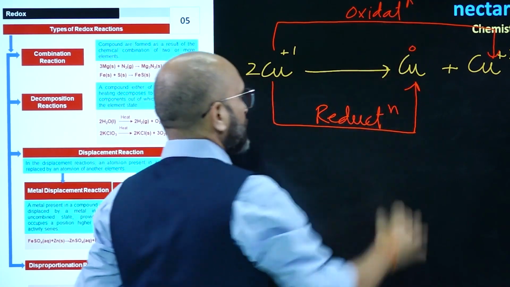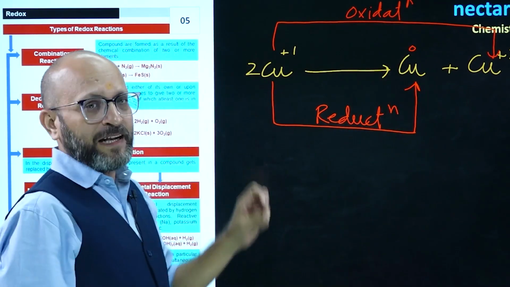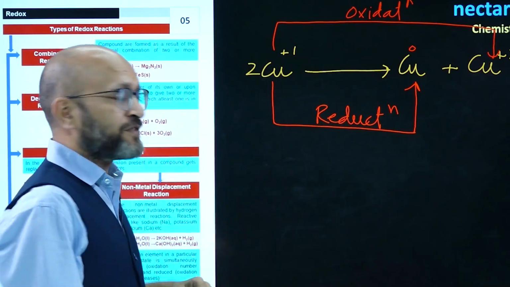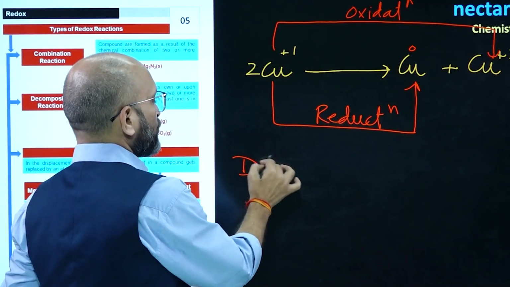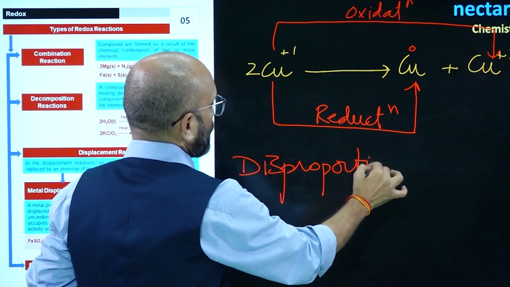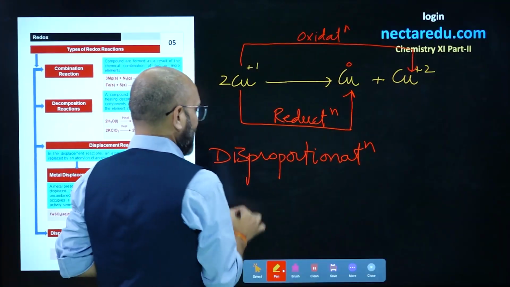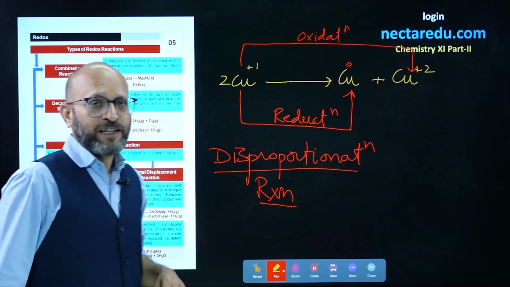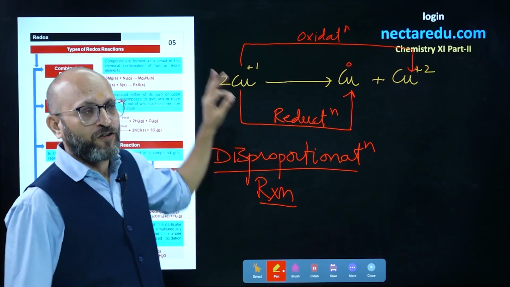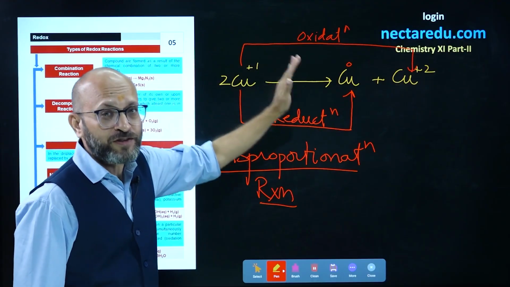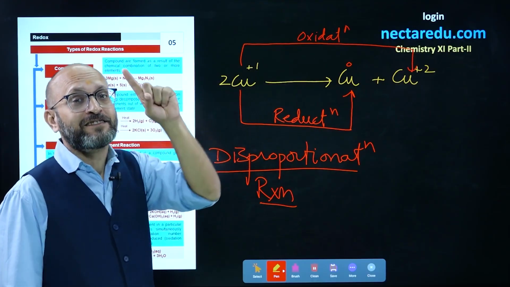So when oxidation and reduction are happening for the same element, such reactions are called disproportionation reactions. This is another type of redox reaction in which the same element, for example copper here, is getting reduced as well as oxidized at the same time.